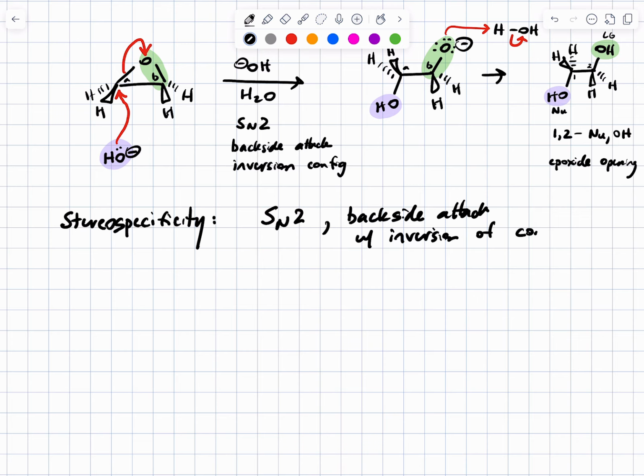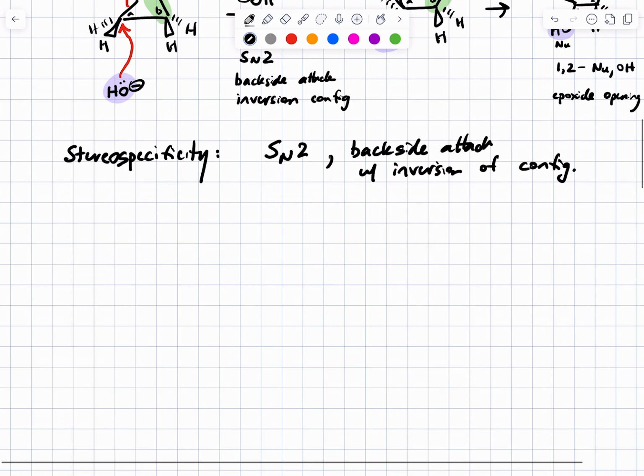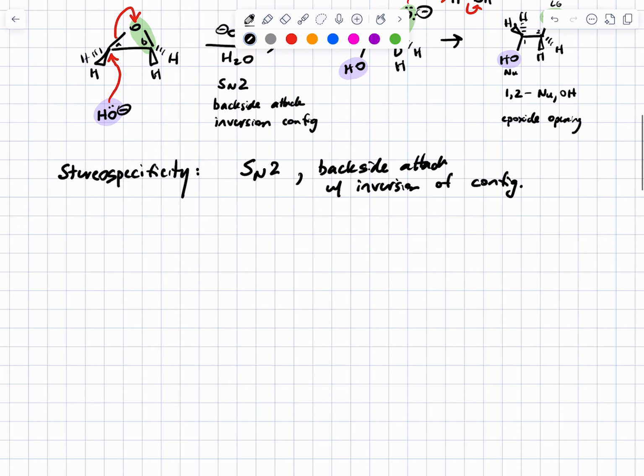You've been learning about that for a while now, but it's useful to illustrate in the context of an epoxide. When a reaction is stereospecific, if you change the stereochemistry of the starting material, you will get a different stereochemical outcome in the product. Let me illustrate that with an epoxide here.